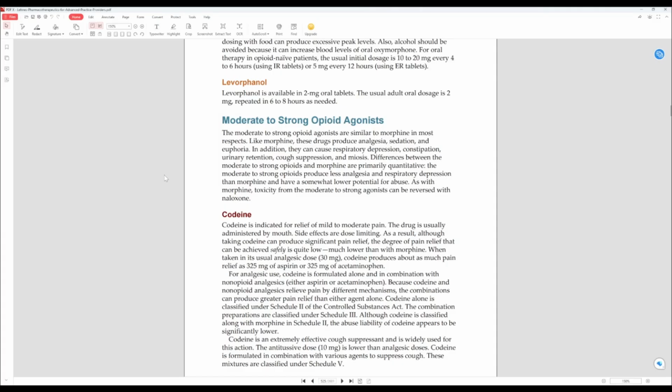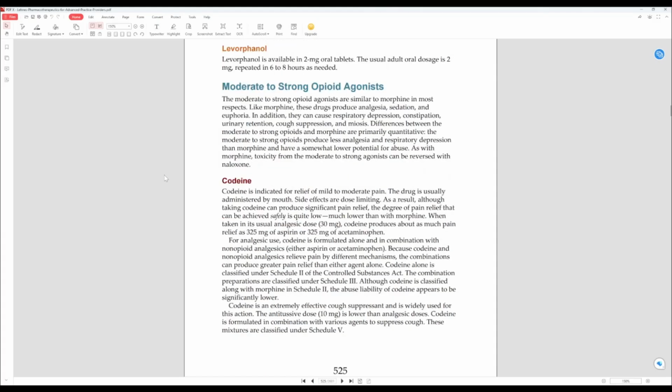Which takes us now to moderate to strong opioid agonists. The moderate to strong opioid agonists are similar to morphine in most respects. Similar to morphine, these drugs produce analgesia, sedation, and euphoria. In addition, they can cause respiratory depression, constipation, urinary retention, cough suppression, and miosis.